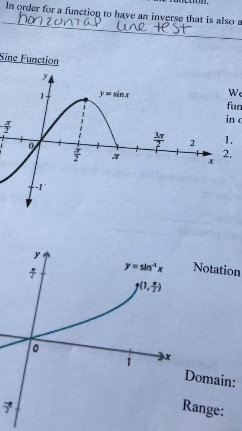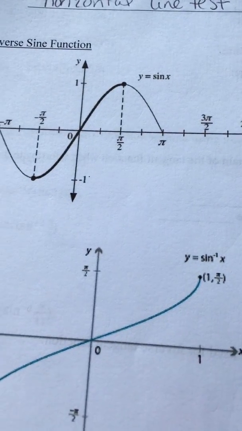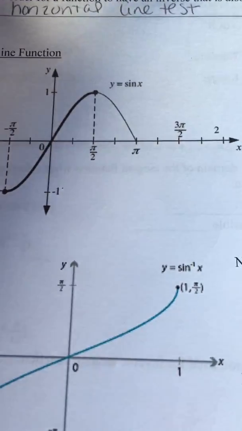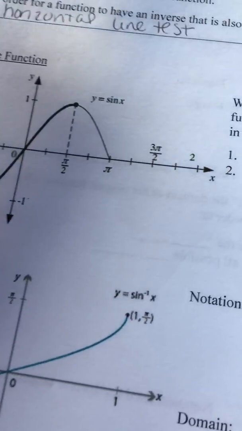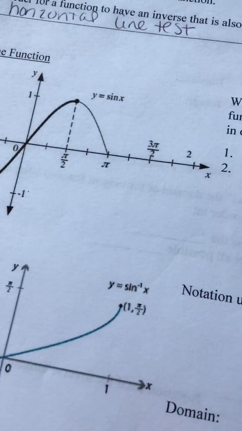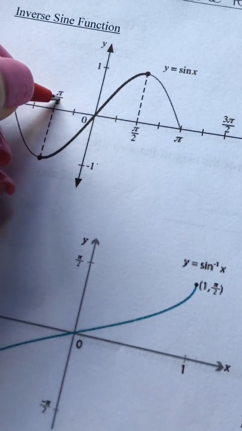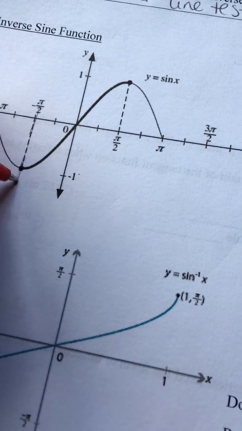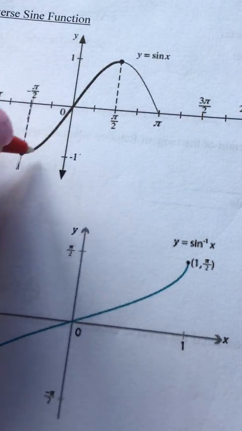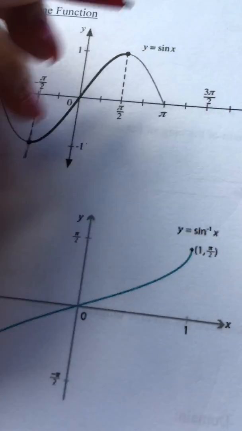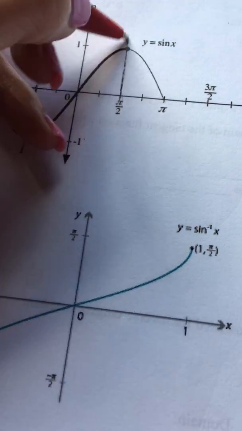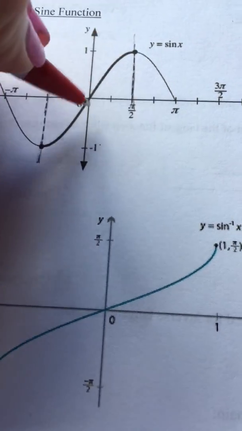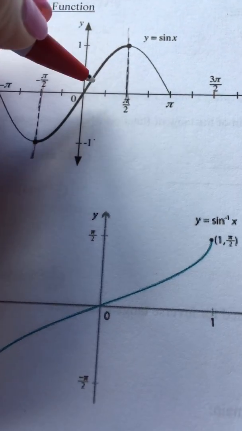Now, I like this picture a lot because it shows you exactly how we're going to restrict it. So we're going to start here, and I'm going to start at negative pi over 2. That's going to give me all these negative y values, which is what I want. And then I'm going to end at positive pi over 2. That's going to give me all the positive y values that I want.